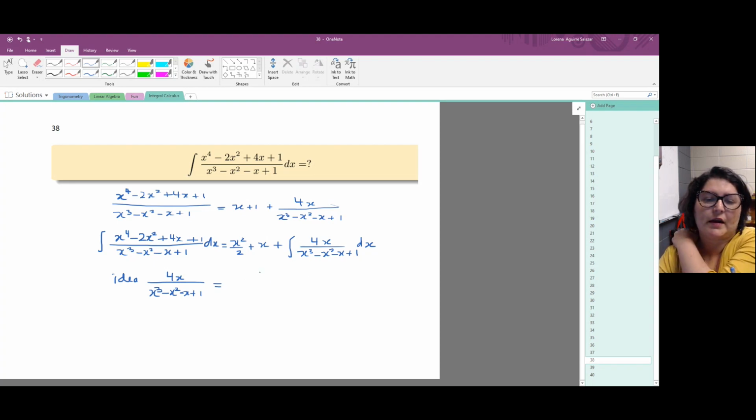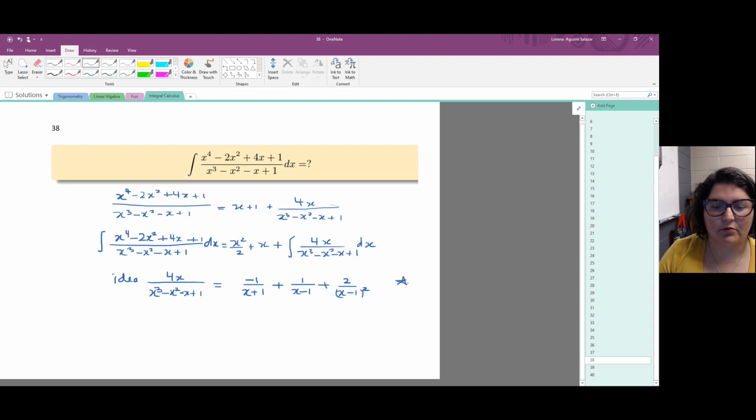And we're going to see that this addition will be negative 1 divided by x plus 1, plus 1 over x minus 1, plus 2 over x minus 1 squared. We will get to see how to find that decomposition shortly.